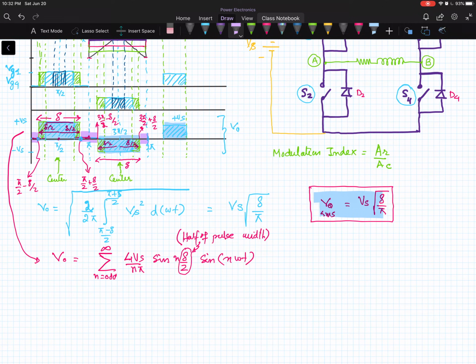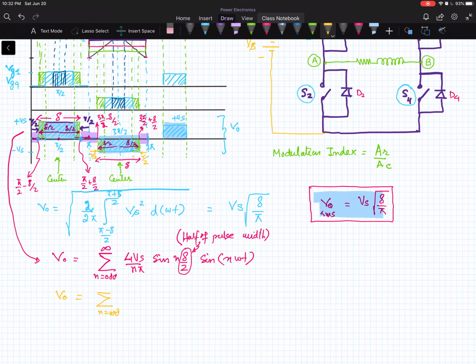So let's suppose that this dead band is gamma by 2, and equal dead band will be over here, gamma by 2, and similarly in the negative part, this is del by 2 and this is del by 2. So we can use this dead band to evaluate the Fourier series.